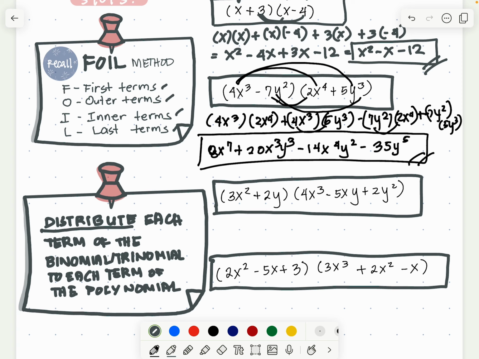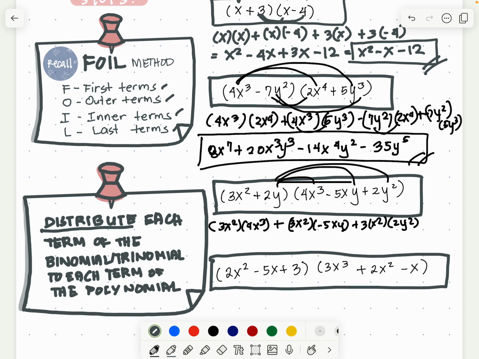So here you have 3x squared times 4x cubed, and then plus 3x squared times -5xy, plus 3x squared times 2y squared, and then multiply 2y to each term of the polynomial.